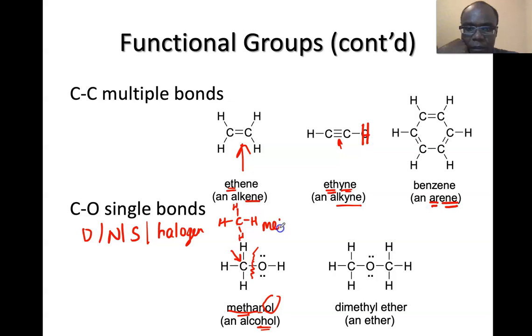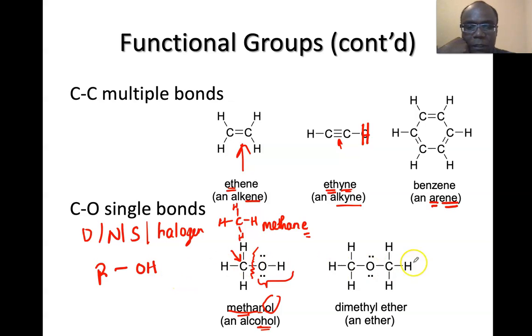You replace the E, you get methanol. This will be discussed in a later chapter. All I want you to know is that alcohols are characterized by the presence of OH.